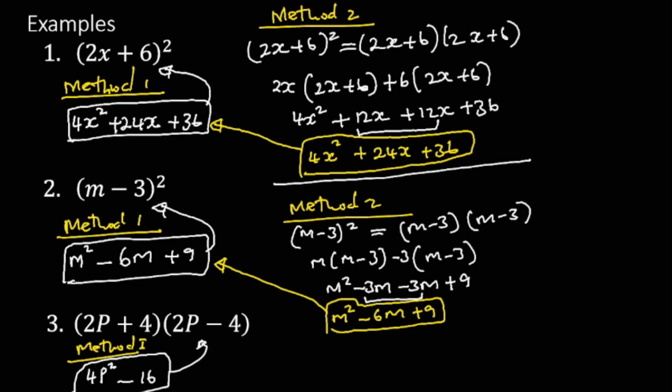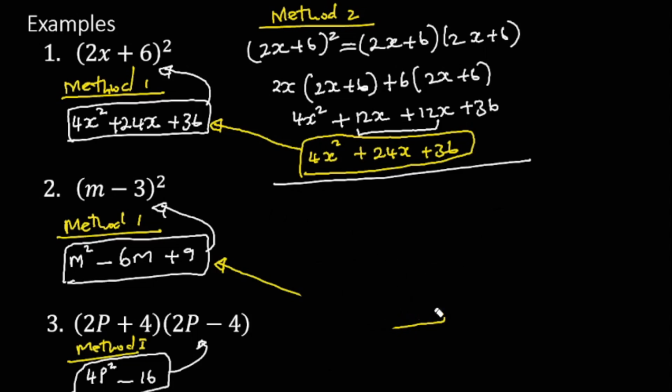But you can prove that using method 2. So for method 2, let me just clear some space so that you can get somewhere to write on. So we prove this using method 2.